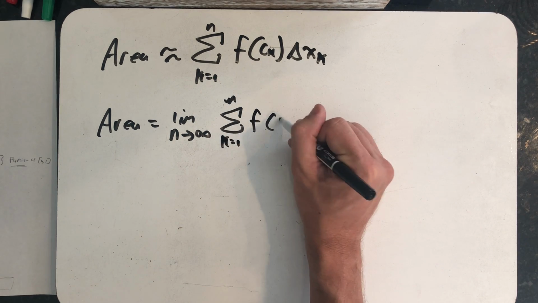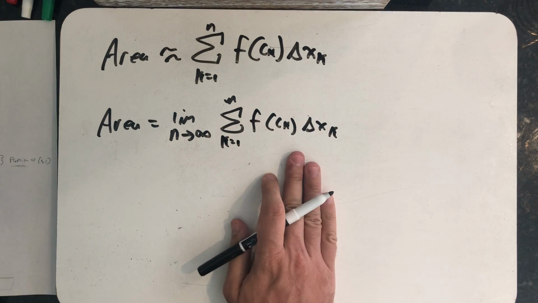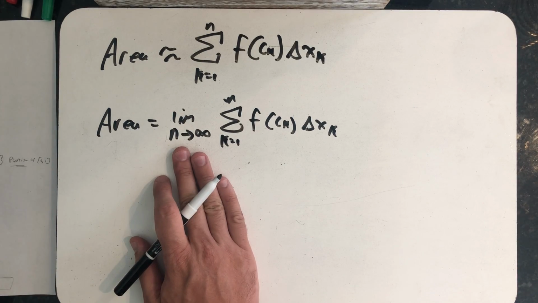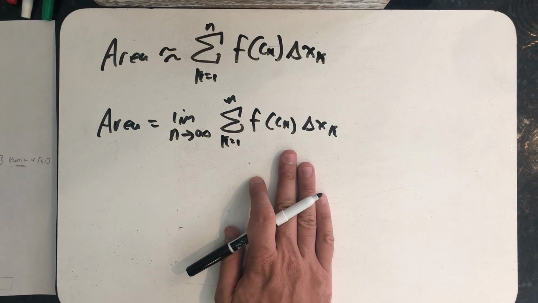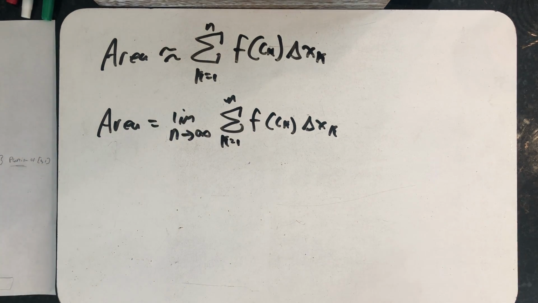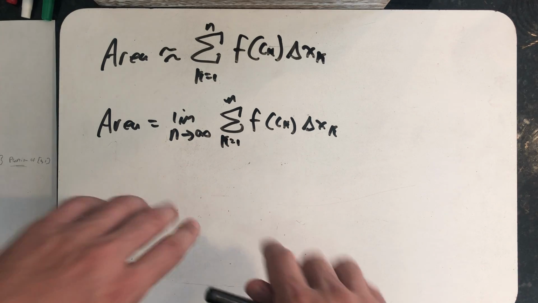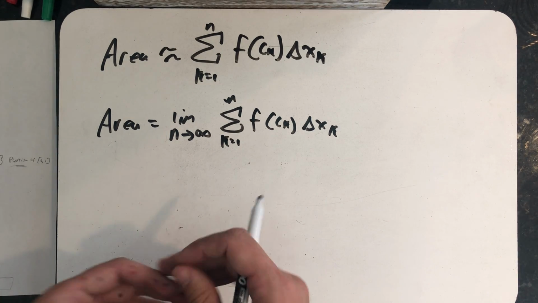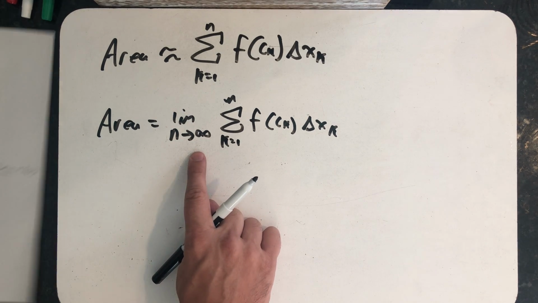And if this limit exists, then this would or should be the true area under the curve: the limit, as n approaches infinity, of this finite sum, this Riemann sum. Okay, so that's what we're going to do in the next video. We're actually going to create a Riemann sum. We're going to use what we know about sums to make that a formula just on the variable n, and we're going to take a limit as n approaches infinity.